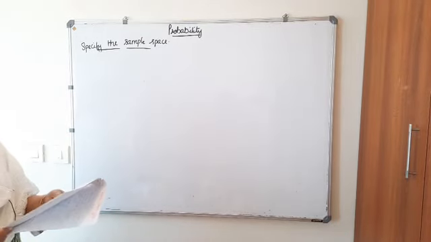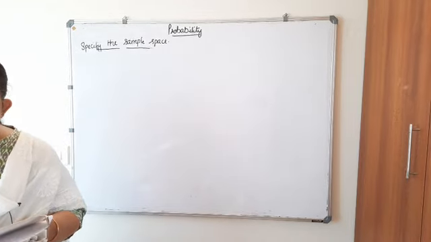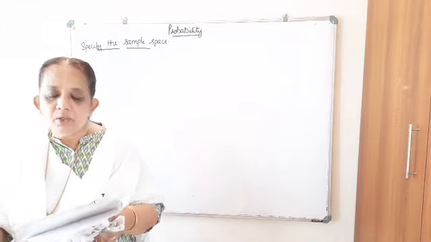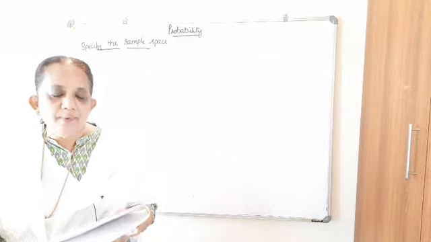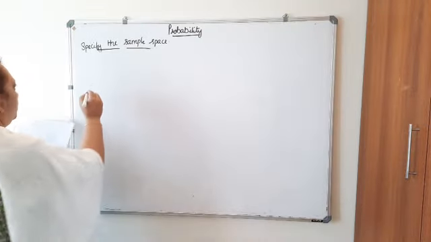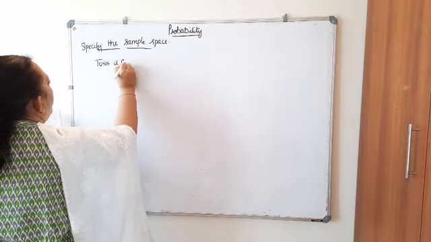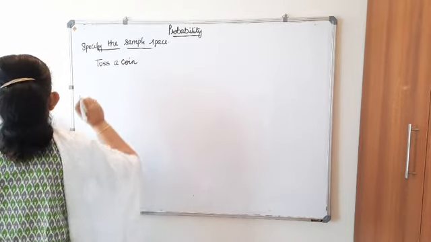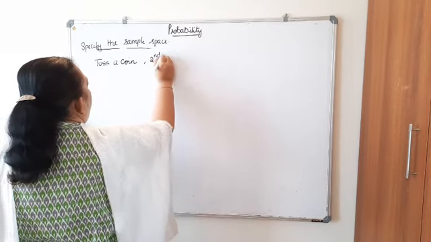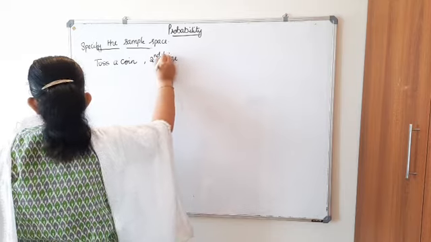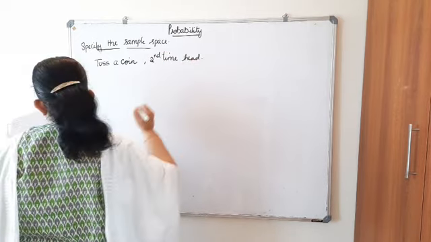An experiment consists of, the questions will be given to you later, but listen to the question. An experiment consists of tossing a coin and then throwing it a second time if a head occurs. Toss a coin and then throw it a second time if a head occurs.